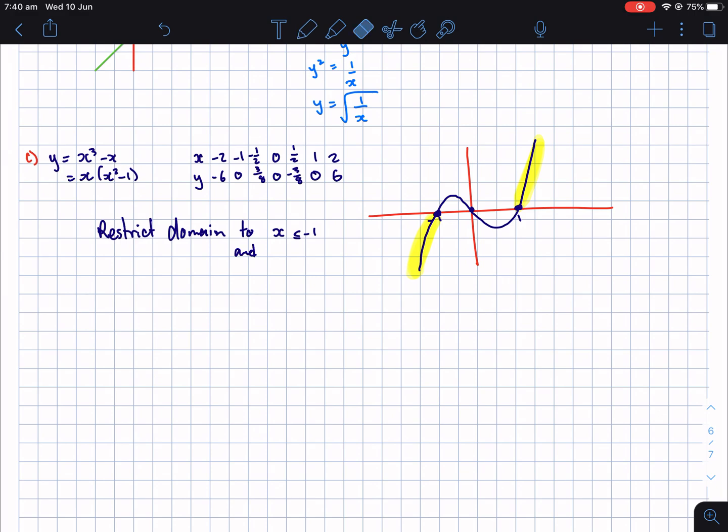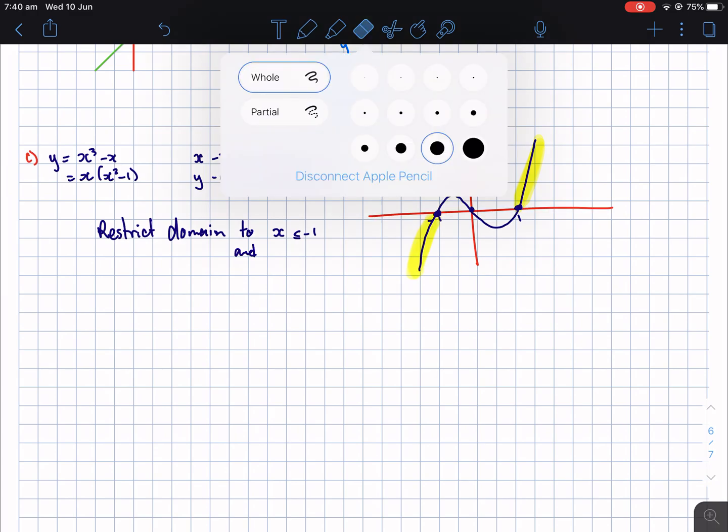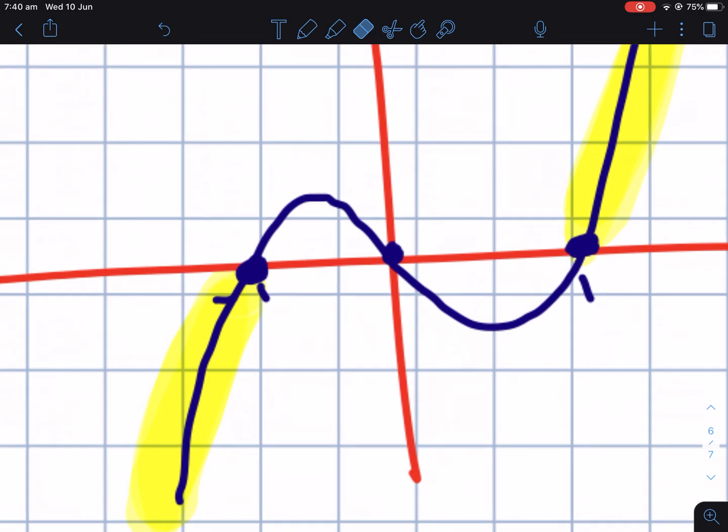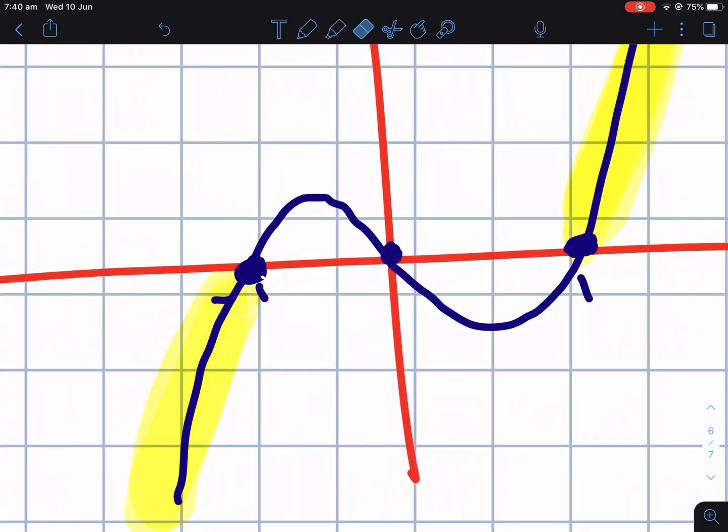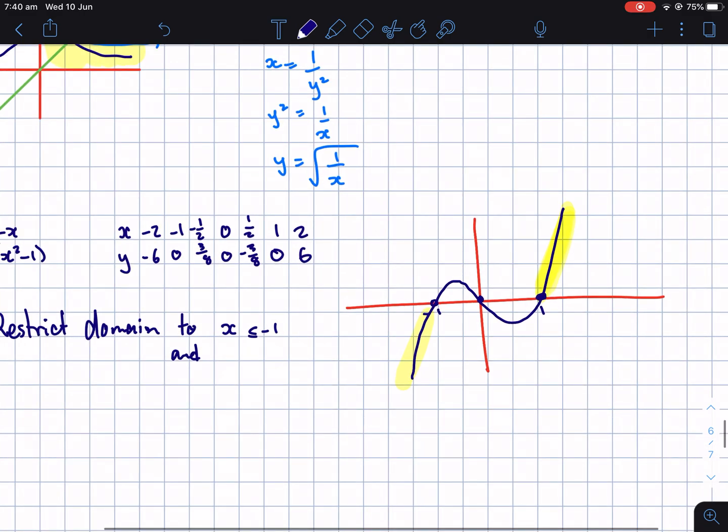So why don't I have this one not include that point? So I'll get rid of the equals here.